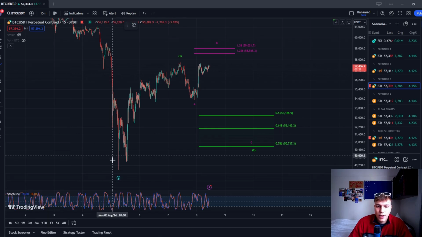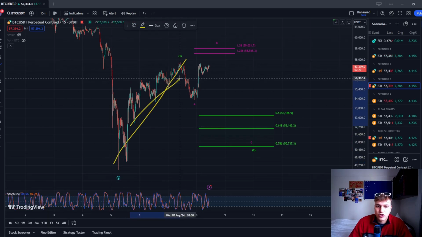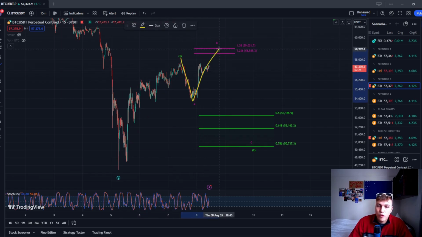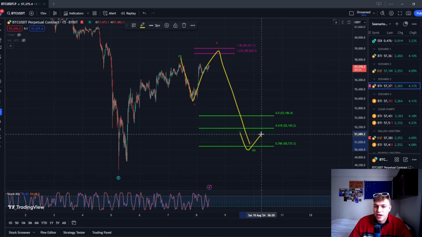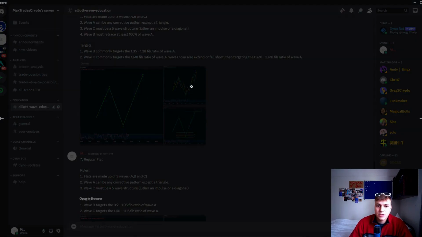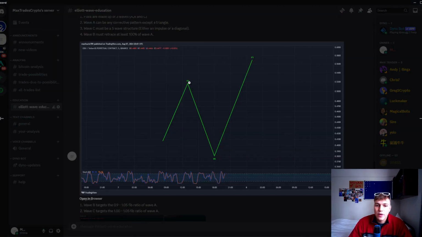We have a wave 1 to the upside in that contracting diagonal, then an A B forming, and a C to the downside. This is an expanded flat. So if we look here, an expanded flat is where the A wave goes up, B wave takes the low of the A wave, and the C wave expands past the A wave high.